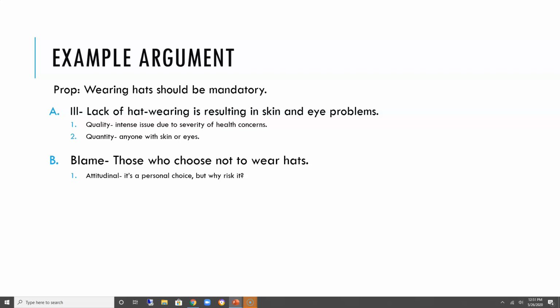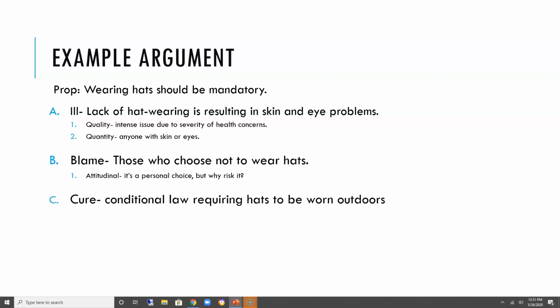I say do whatever you can effectively manage. So if my blame is those who choose not to wear hats and it's an attitudinal blame because it's a personal choice, again, I can stretch it and bring in socioeconomic status and affordability to make it structural. But for the sake of simplicity and singularity of focus, we'll just keep it on attitudinal.